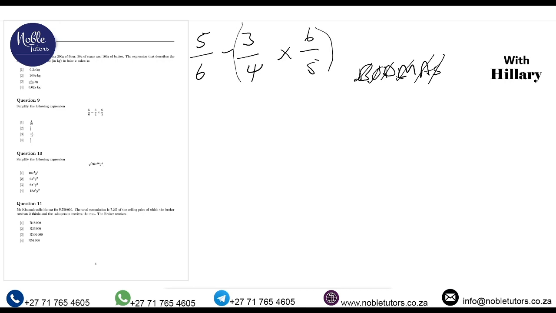When you're multiplying fractions, it's very simple. You just multiply 3 by 6, which is 18, and then 4 by 5, which is 20. Then you bring down 5 over 6 minus 18 over 20.